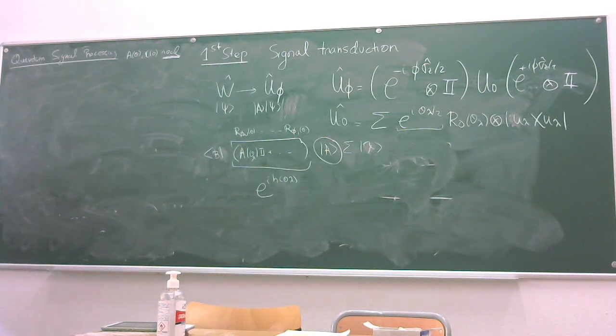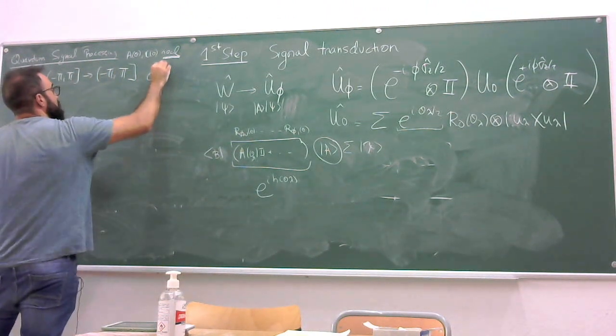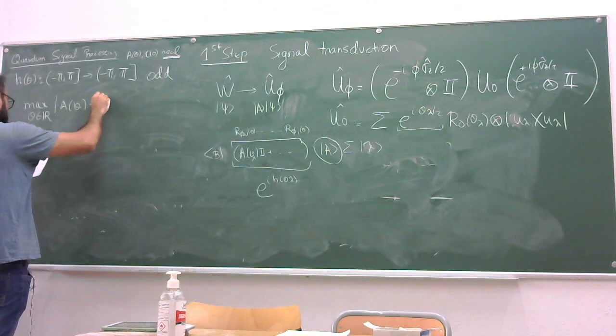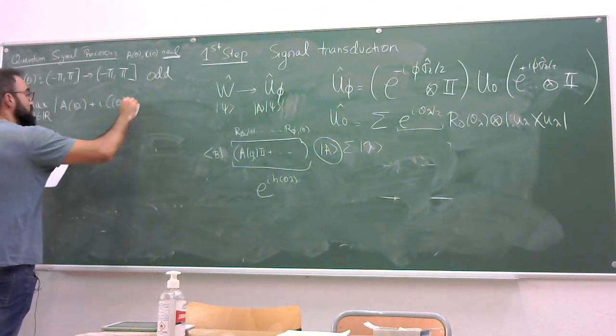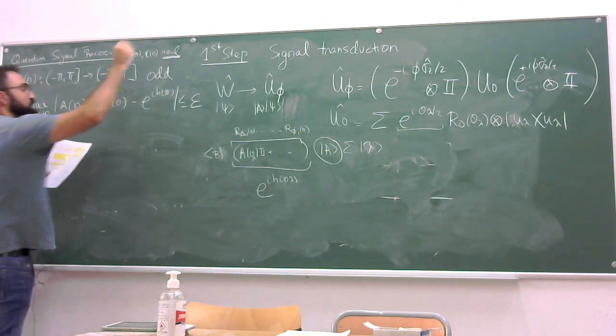And the thing is that if we pick a function that goes from minus pi to pi to be odd, then it is possible to assert that the maximum difference between this is less than epsilon.